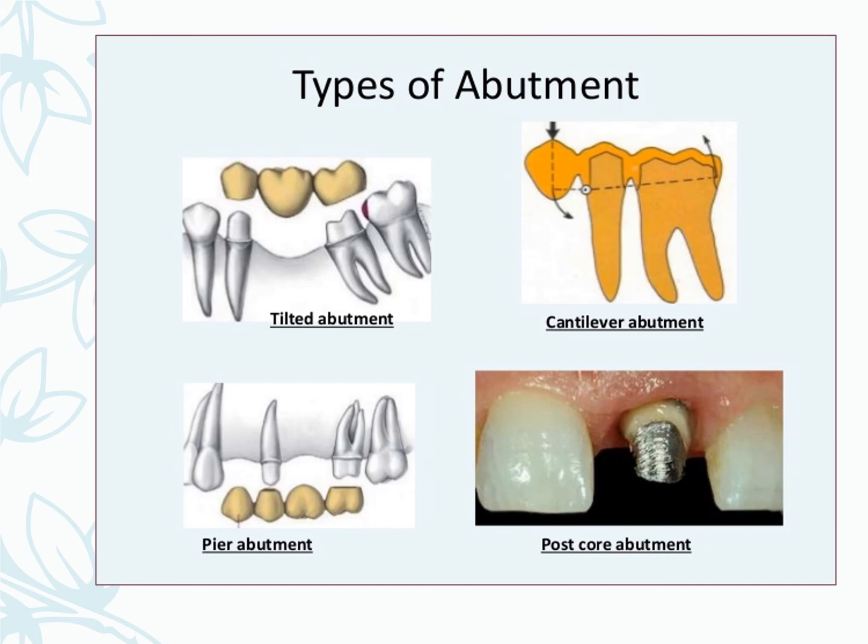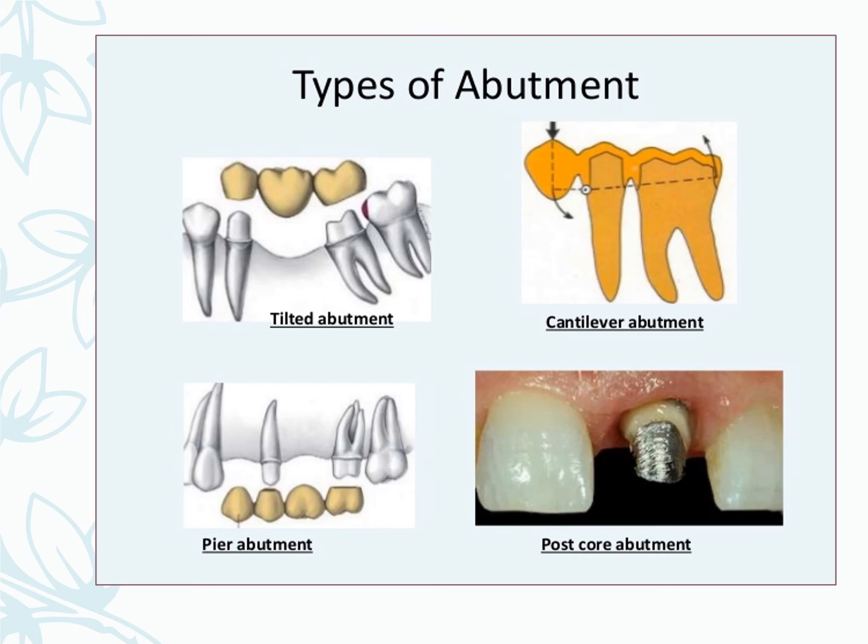Next one is your post and core abutment. When the tooth is endodontically treated and you are restoring it with a permanent restorative material, the tooth is weakened and the core structure of the tooth is lost, because the caries has to be completely excavated, and if we do not excavate the caries, it might lead to secondary infection.